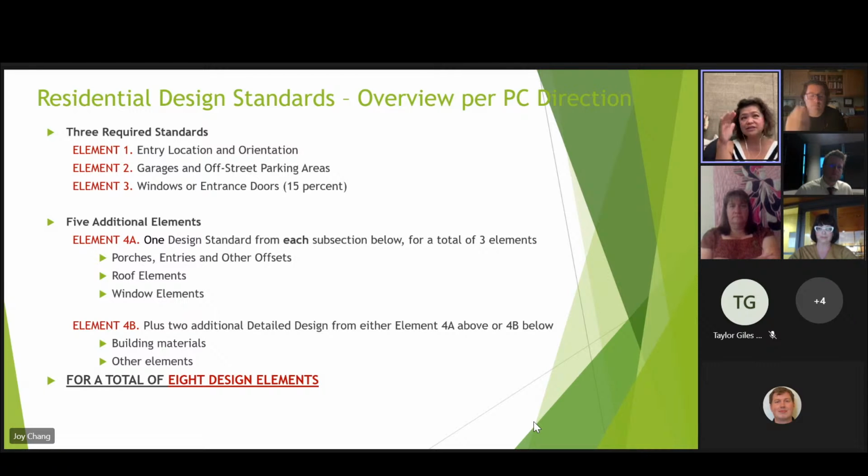But then, like I said before, the commission felt that the development community would choose the easier ones versus trying to meet the intent of having a home that has some visual substance as far as when viewing from the pedestrian's point of view.